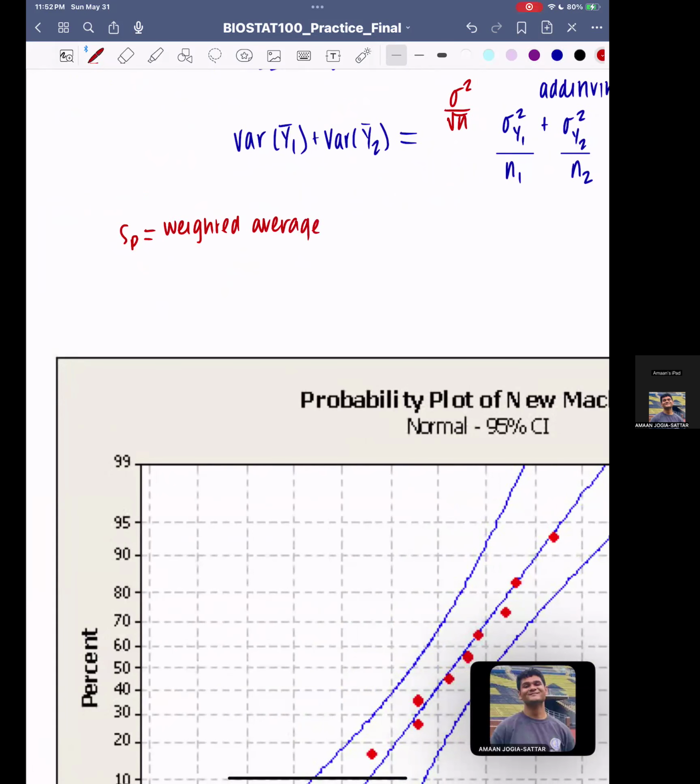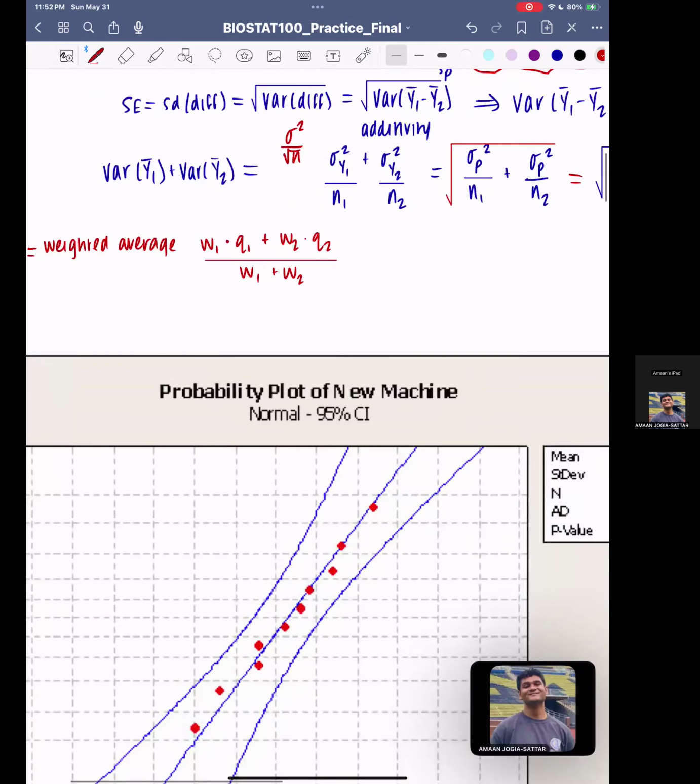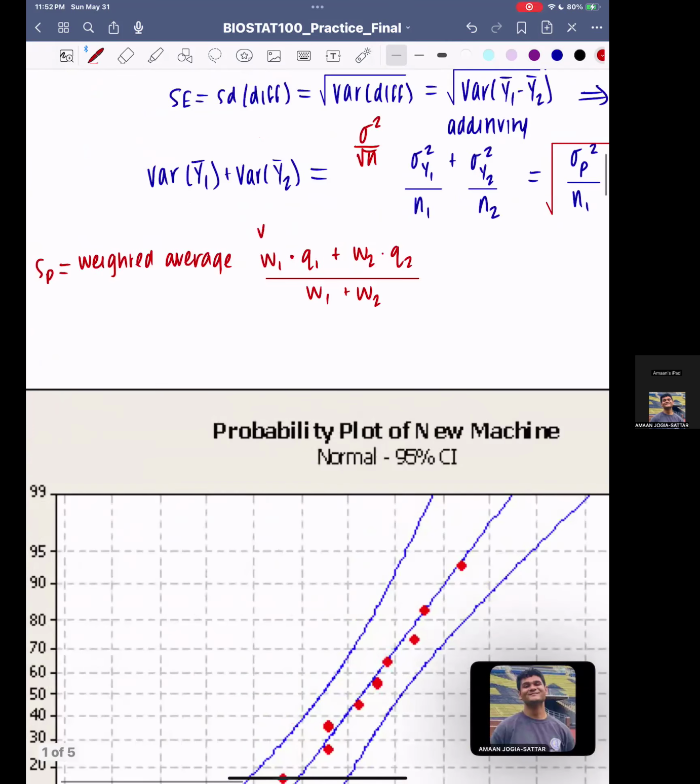And so when you're constructing a weighted average, what do you do? Weight 1 times quantity 1 plus weight 2 times quantity 2, and you divide by the sum of the weights, where W_i equals weights.